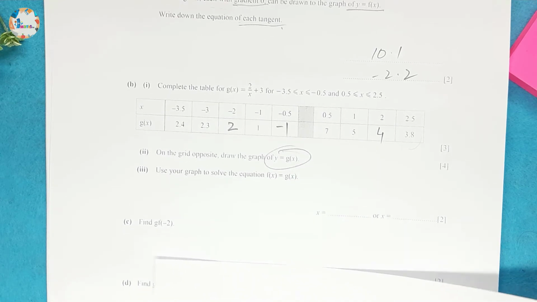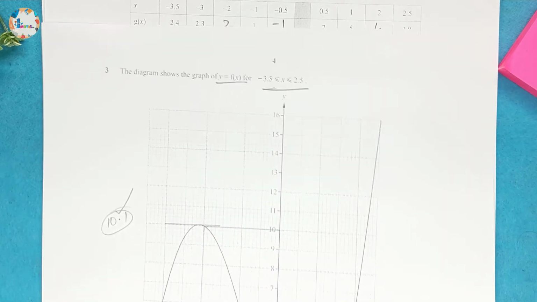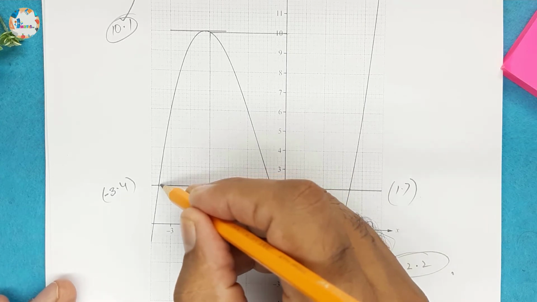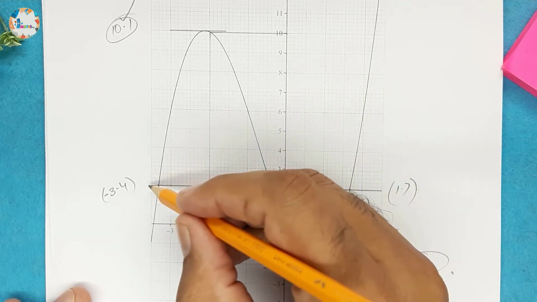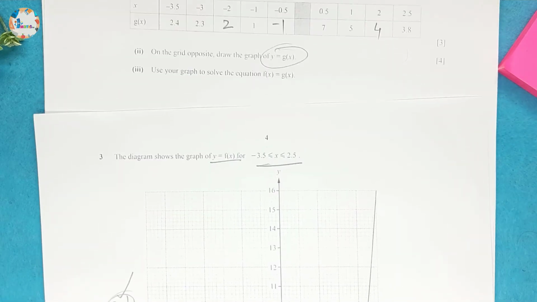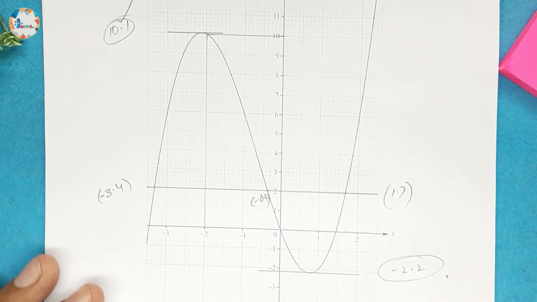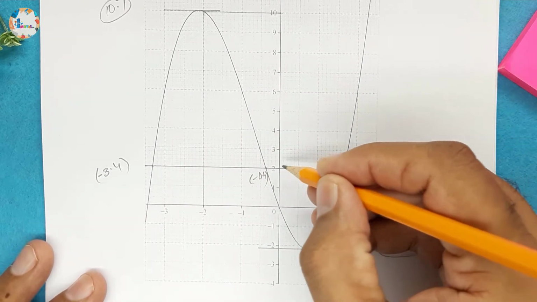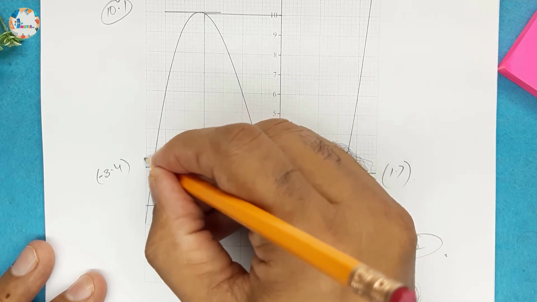So first point is minus 3.5 and 2.4. So minus 3.5 and 2.4 will be over here.